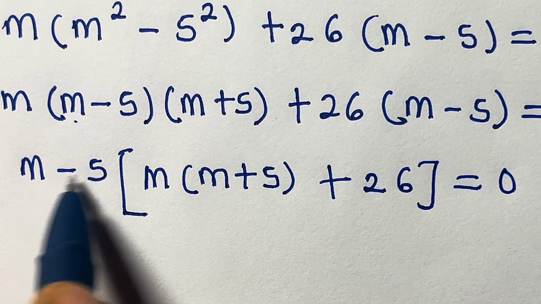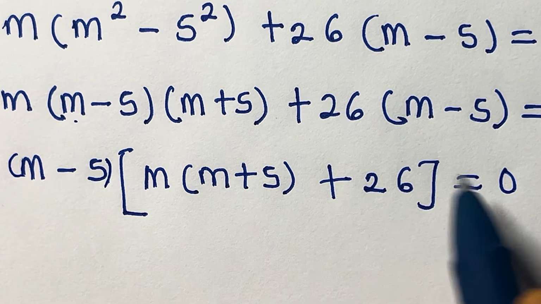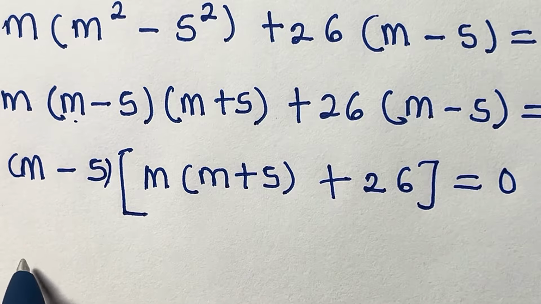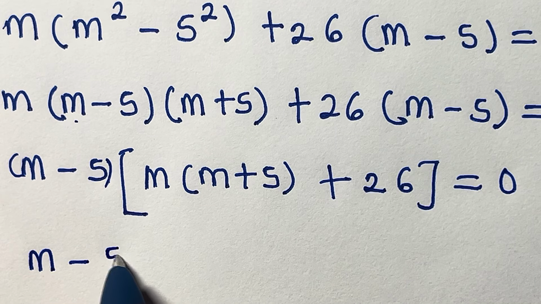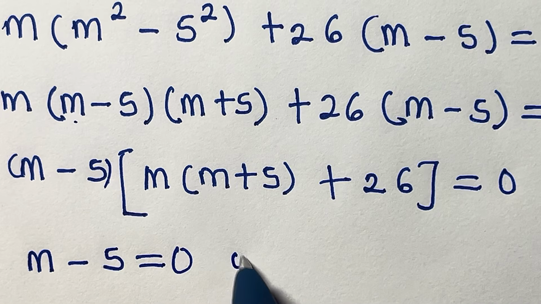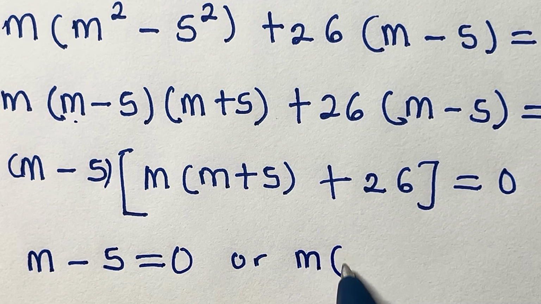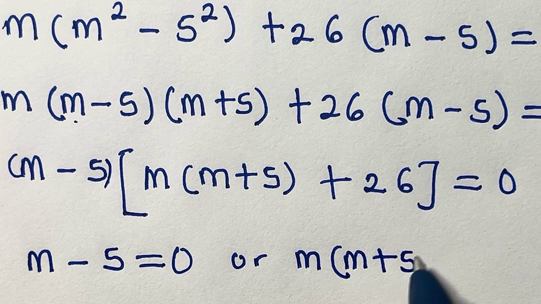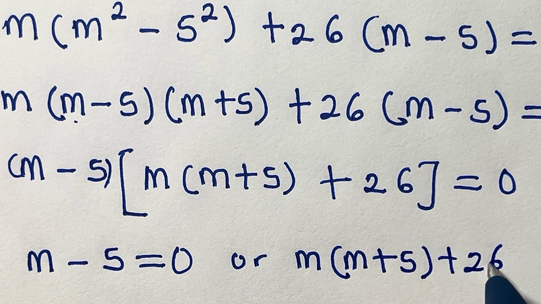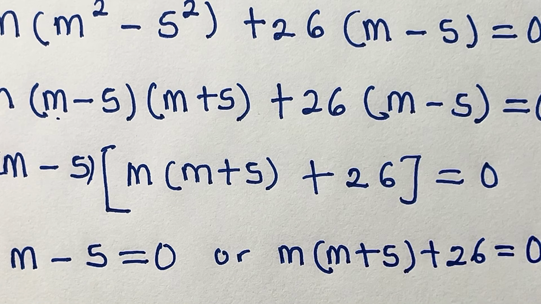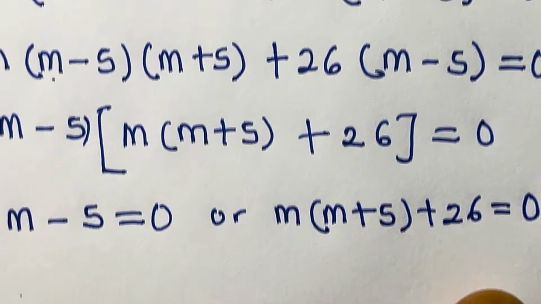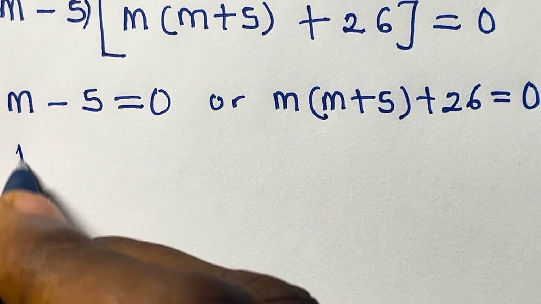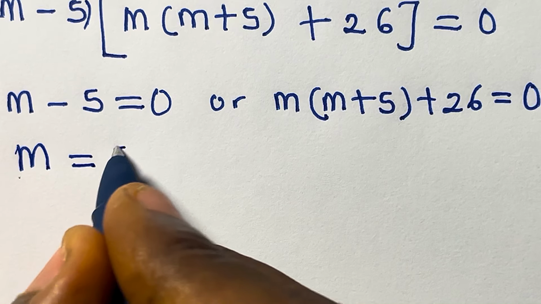What this means is this equals 0 and this equals 0. So we have m minus 5 equals 0, or m multiplied by m plus 5 plus 26 equals 0. So we have our first solution here, which gives us m equals 5.